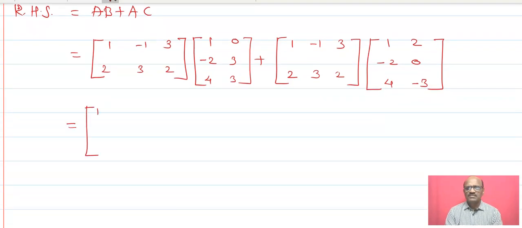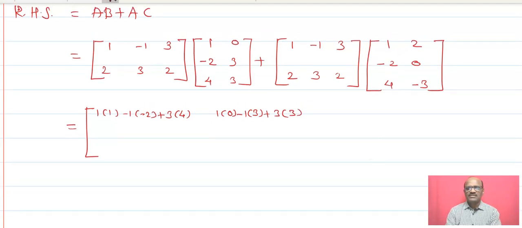Now the corresponding multiplication for the first two matrices: first row, first column, first row, second column, next is second row and first column, and next is second row, second column.